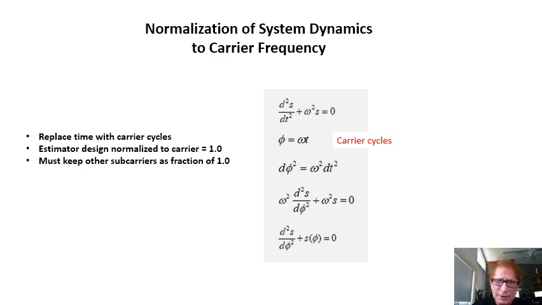For a multi-carrier system model, we must select one frequency for this normalization, and the remaining subcarrier frequencies will be represented as a fraction of this frequency. Thus, for example, for a 2.4 gigahertz carrier with 64 subcarriers spread over 20 megahertz, the delta frequency fraction will be 0.00013.